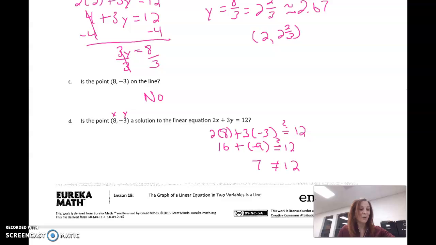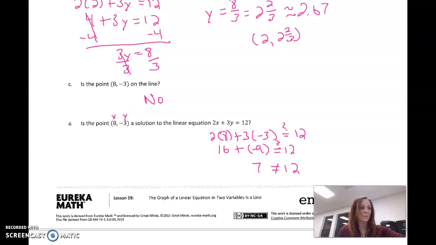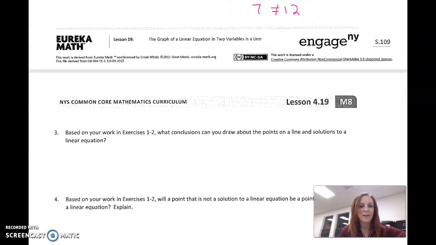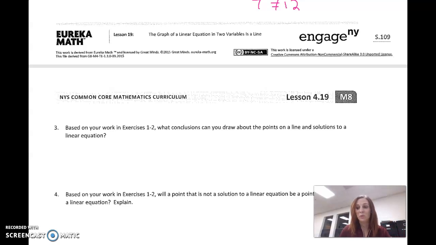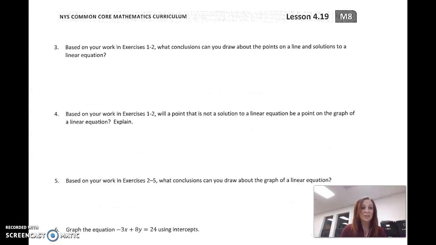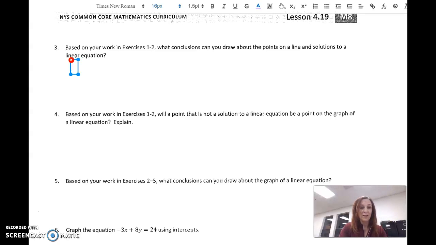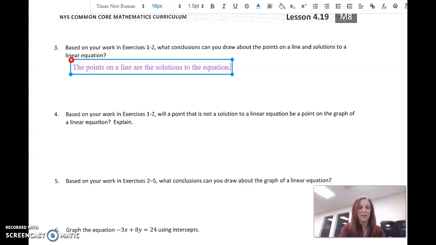So just to wrap things up here real quick, it says based on your work in exercises 1 and 2, what conclusions can you draw? Well, I'm going to say this. The points on a line are the solutions to the equation. The points on the line, those are the solutions.